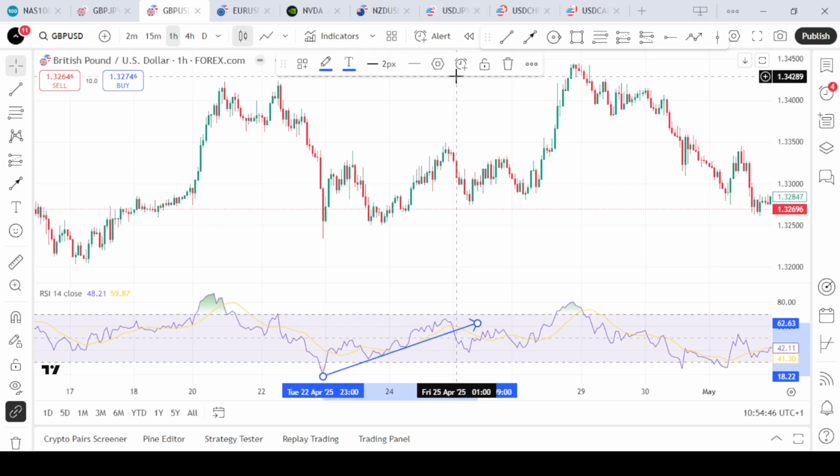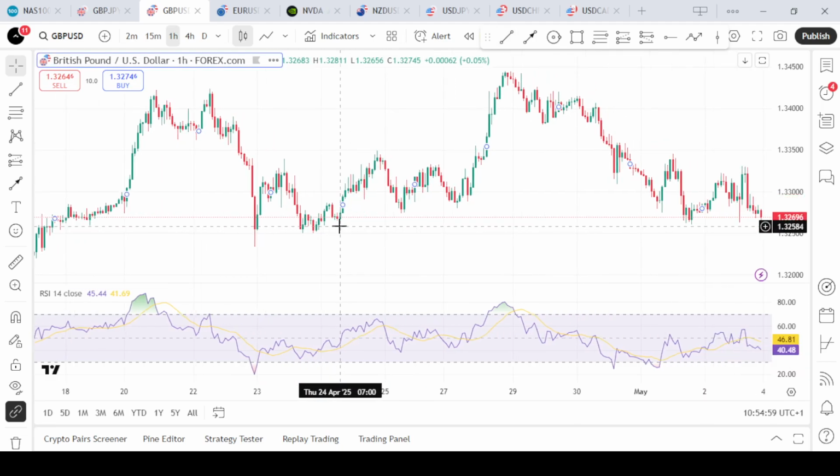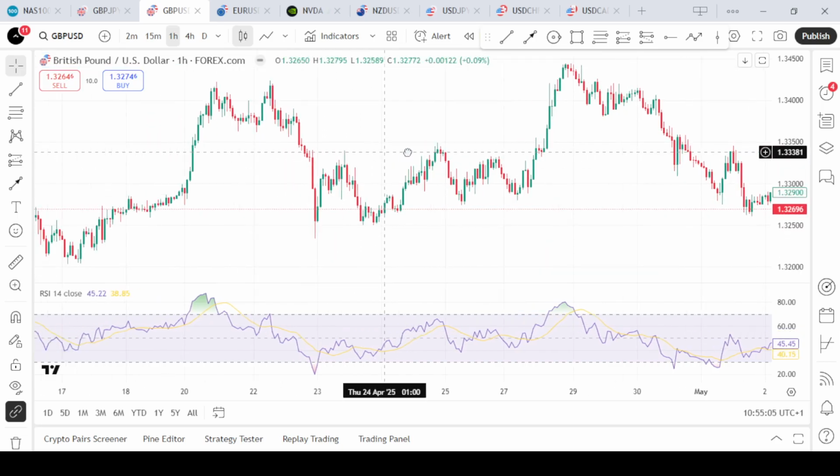while divergence occurs when price movement does not align with the RSI reading. For example, when price makes a higher high but your RSI makes a lower high. Let's see a particular example.